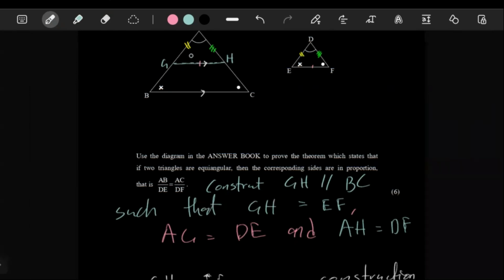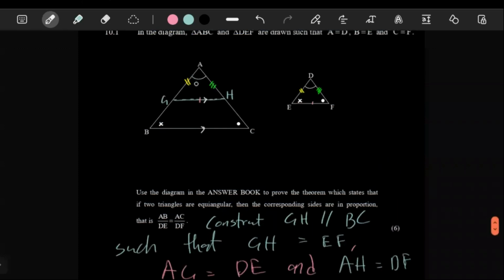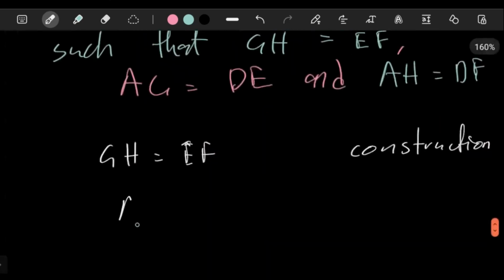That's the first thing we want to do. So the way we do that is you need to show that at least three things of this triangle is equal to three things of this triangle without necessarily stating that it's three angles and three angles. So far we have found a side equal, and then we're going to say A is equal to D, that's a given.